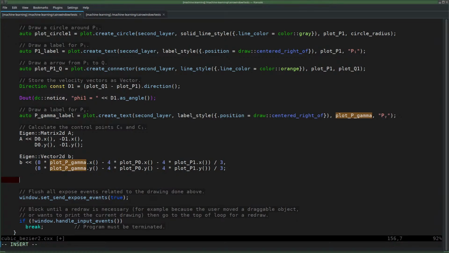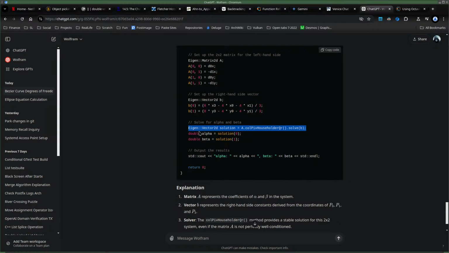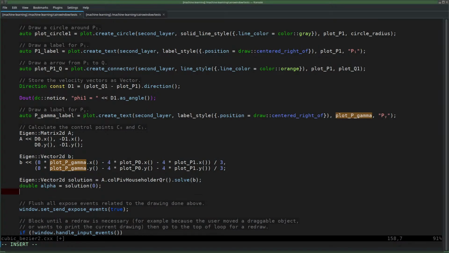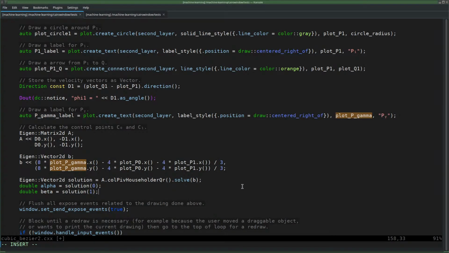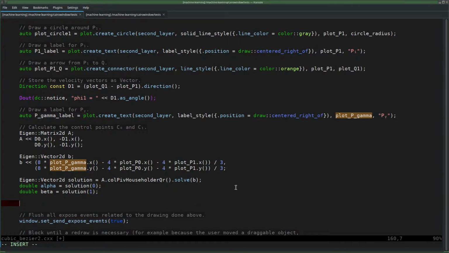So we can solve it. And then alpha and beta are like that. So now I can define my control points. In the end, I want to have a Bezier curve, I think.